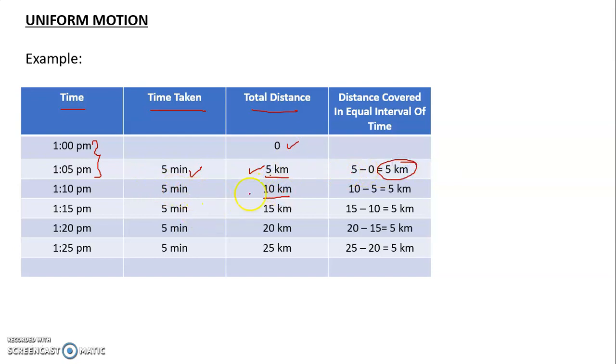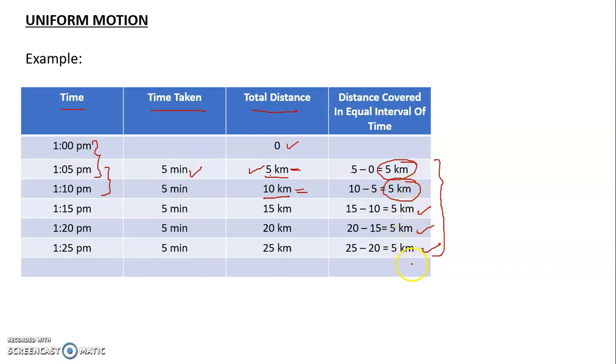Now in the next one, from 1:05 to 1:10. At 1:05 the distance was 5, and at 1:10 the distance was 10. So in 5 minutes the distance became 10 minus 5, that is again 5 kilometer. Likewise, if you calculate for each and every 5 minutes, you will get 5 kilometer, 5 kilometer, 5 kilometer.